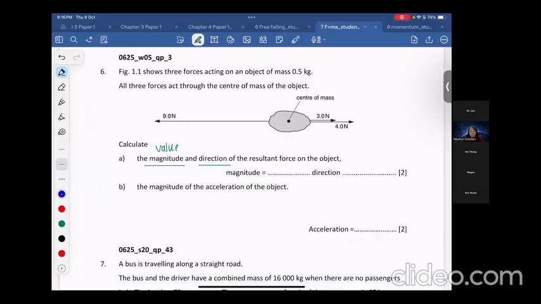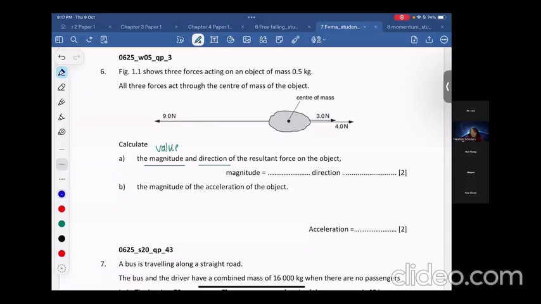What is the value for your resultant force and what is the direction? Any of you? This one is an easy question, dear. Anybody here?